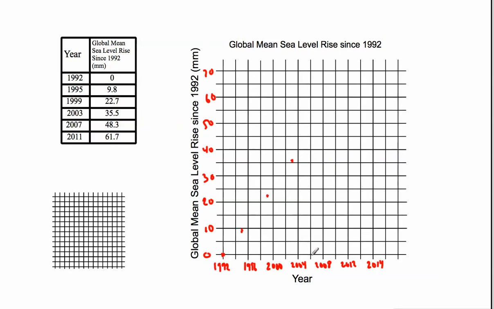All right, then the next is 2007 and 48.3. 2007, there's 50, there's 48.3. And then here is 2011, and that's 61.7. Something like that. All right.